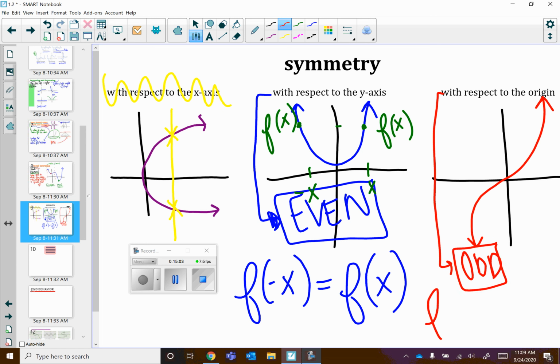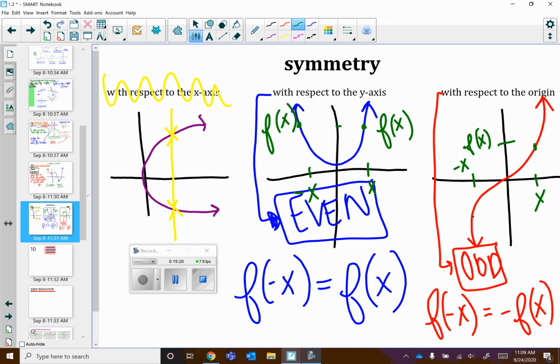And when I plug in the opposite of a value x, I get a complete opposite y value. So if I look at this, here's some x, and it pairs up with this y value, f of x. And if I plug in the opposite x value, I am getting the opposite y value, even in odd functions.